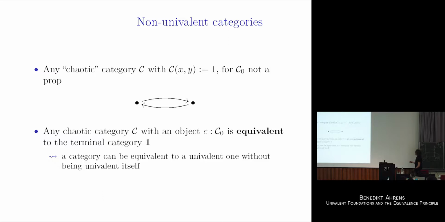And as seen on one of the first slides, this category is equivalent as a category to the terminal category, the one that has just one object. This category is not univalent, but this category is. So univalence of categories is not invariant under equivalence of categories, but whenever I have two univalent categories, then any structure and property of one transfers along equivalence to the other.